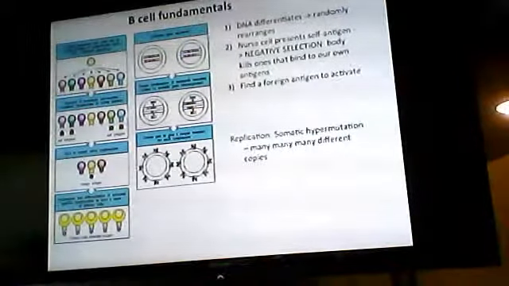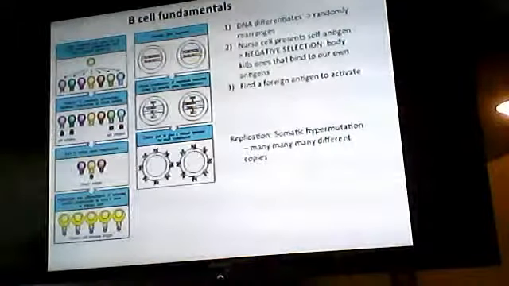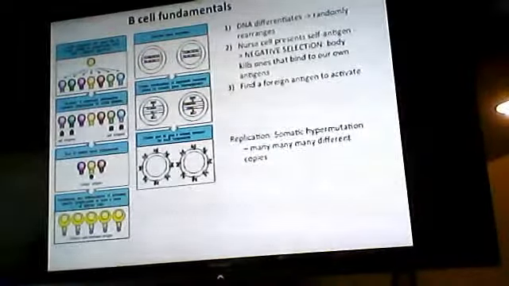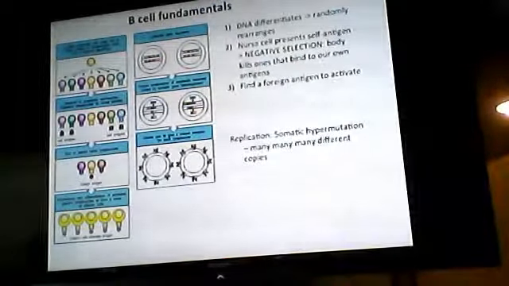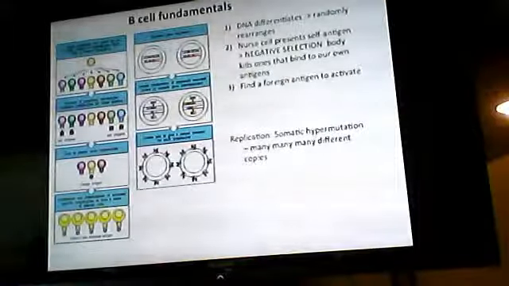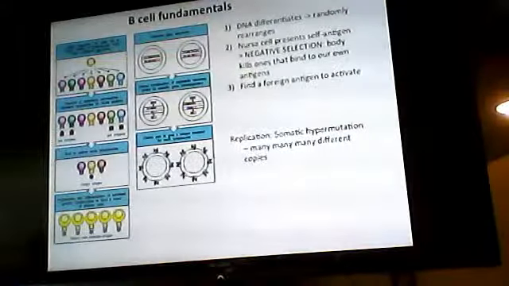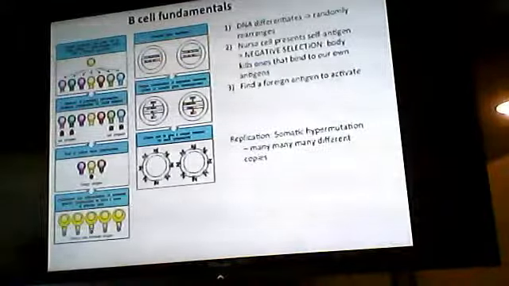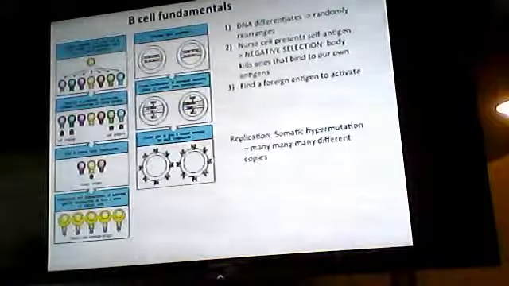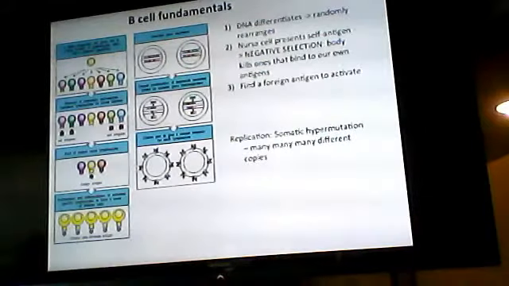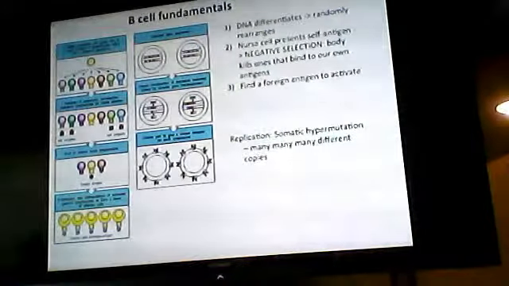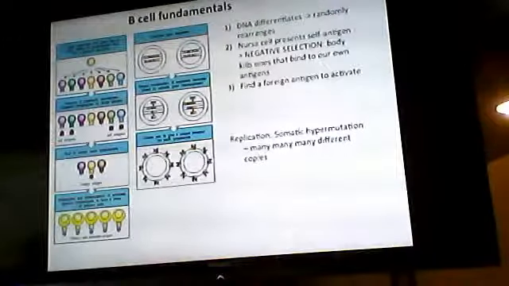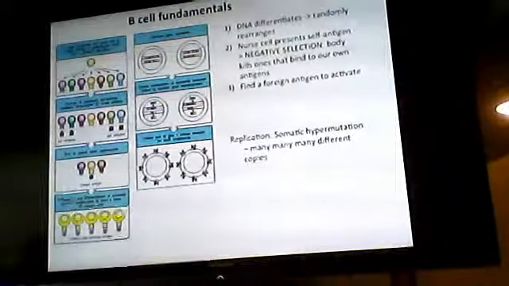If you've screened through all of your self-antigens, then you can move on to the bloodstream and find your antigen and really mature, okay? If you don't find your antigen, you don't really do much, you just degrade away. But the replication process I just described is called somatic hypermutation, so that's how you make that 10 to the 13 or 10 to the 21 copies. It's just many copies.